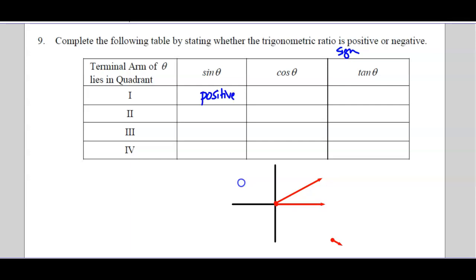If now it's over here, I'll rotate it this way. The y value is also positive, right? So that triangle will have a positive sine ratio. Here, the y value is now negative. So my y over r will be negative.